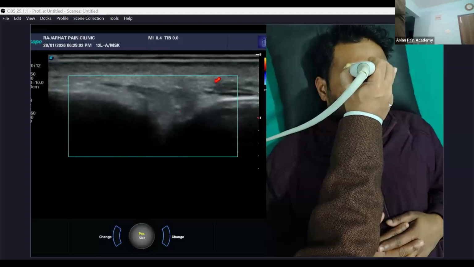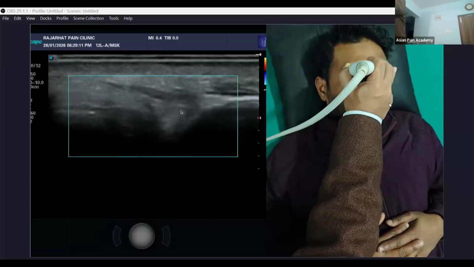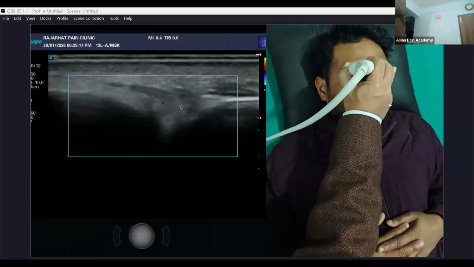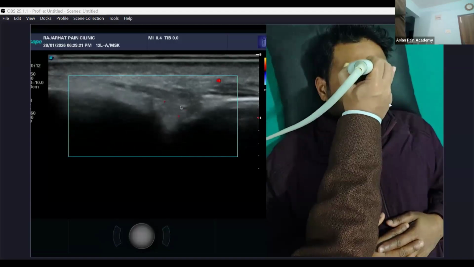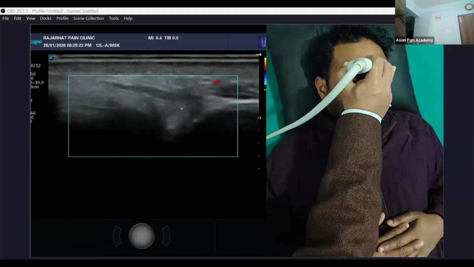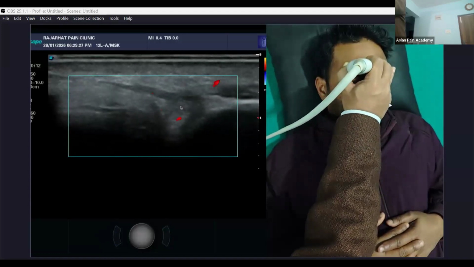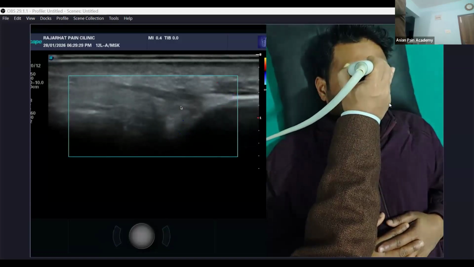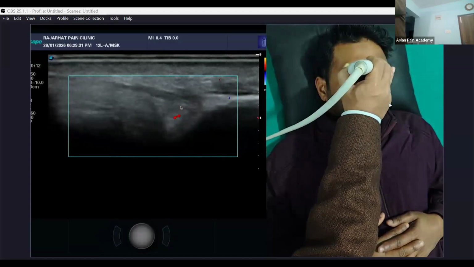This is the gap, this is the vessel, and most likely this is the nerve. The arrow is depicting the nerve. Sometimes in some patients you may see a bit better, but otherwise we see it in this way only. So here we locate the gap and we see the accompanying vessel. That's it.